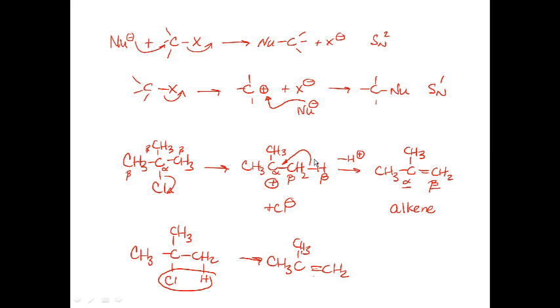Now, this is elimination, so this mechanism is an E mechanism, to contrast with SN mechanisms of substitution. There's two types of eliminations. One is unimolecular and one is bimolecular. We're going to deal with the unimolecular reaction today.